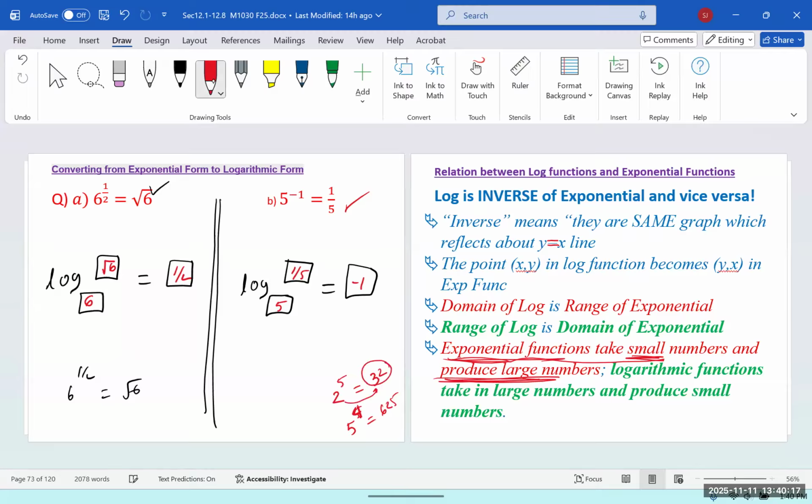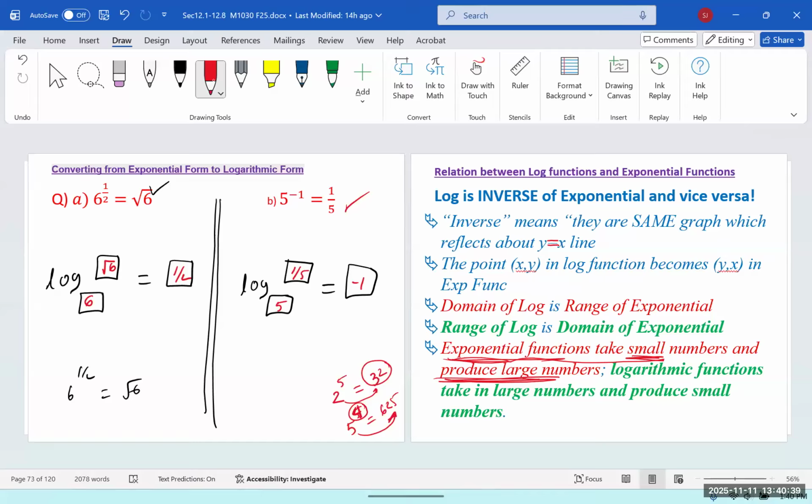Oh, it doesn't seem so big. But from 5, you get 625 just by getting the 4th power. So exponential function takes a small number, but the result gives us a big number. Since log is the opposite of the exponential, it does the opposite.